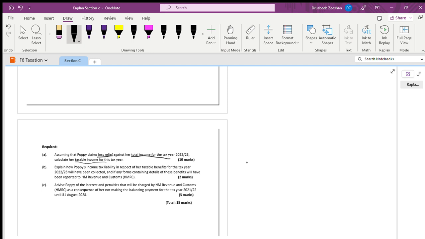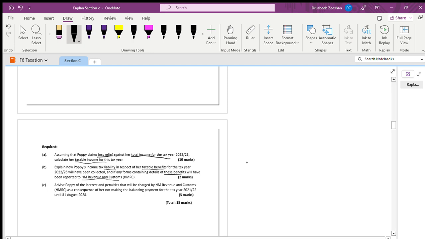Explain how income tax liability in respect of any taxable benefits for the tax year has been collected. Any forms containing details of these benefits will have been reported to HMRC. Any benefits with respect to the taxable income have to be reported to HMRC.